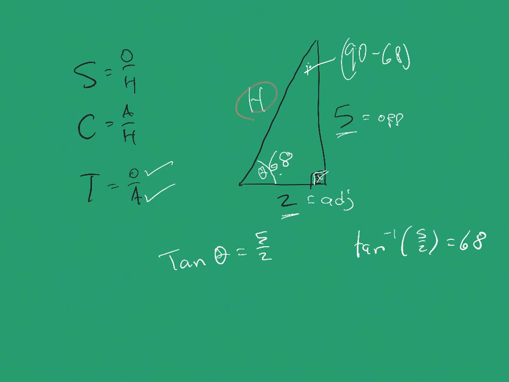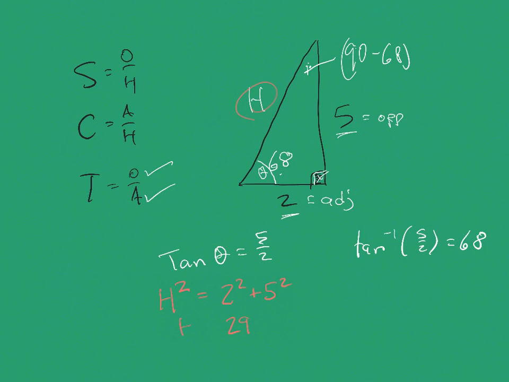Okay, and you have to think back to when we learned about Pythagorean's theorem, and that is that the hypotenuse squared is equal to the sum of the squares of the other two sides. So 2 squared and 5 squared, we'll add those two together, and that gives us 29, but that's h squared.